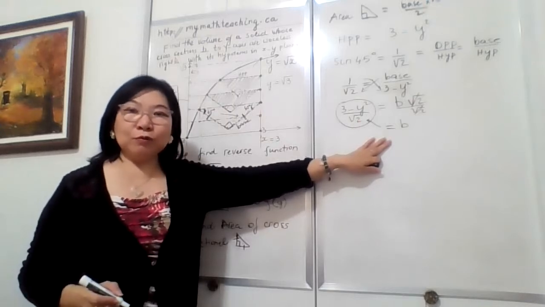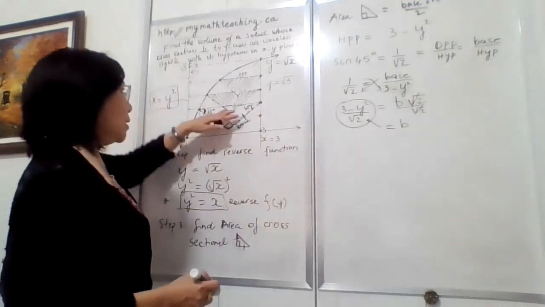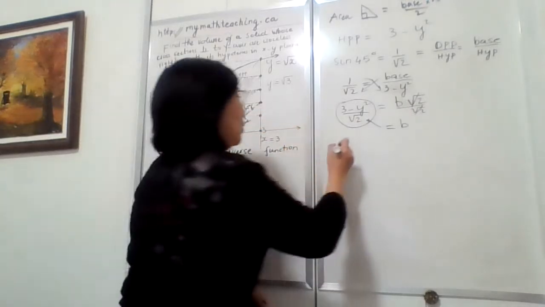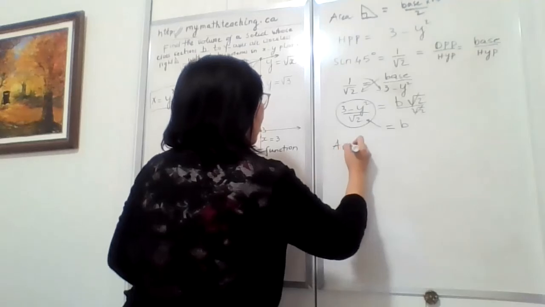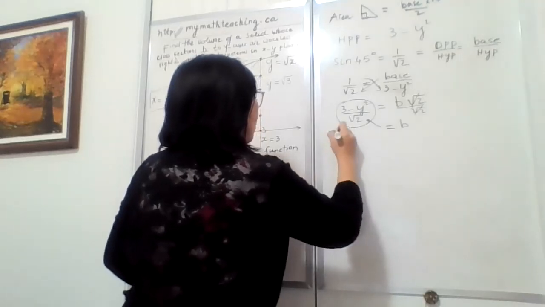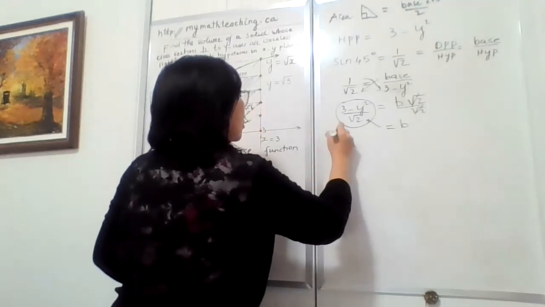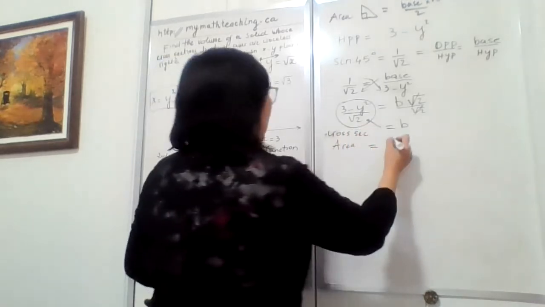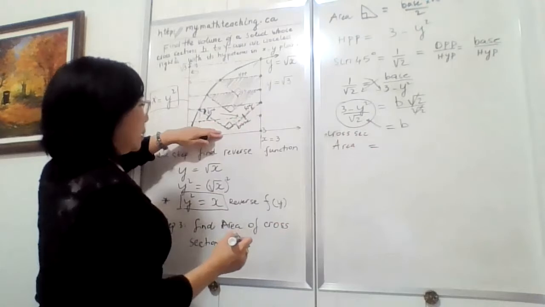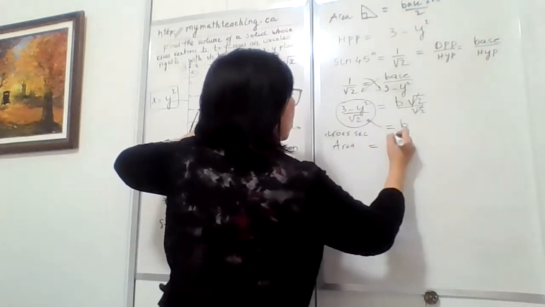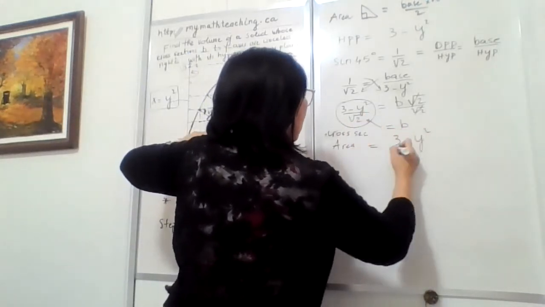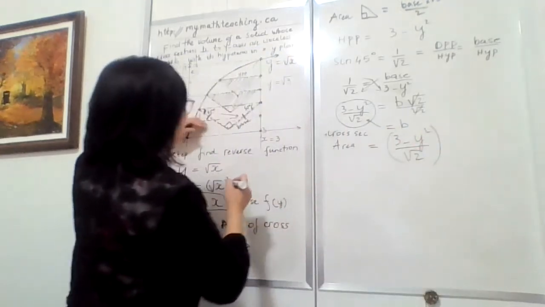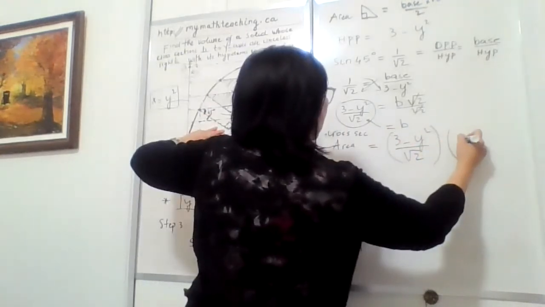So now we'll be able to find the cross-sectional area in terms of this function. The cross-sectional area equals base times height, where our base is 3 minus y squared divided by square root 2, times the height, which is the same.